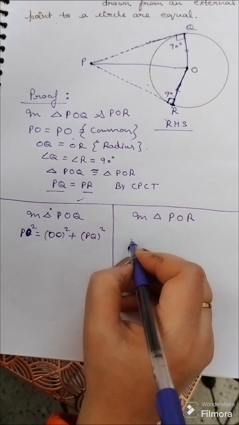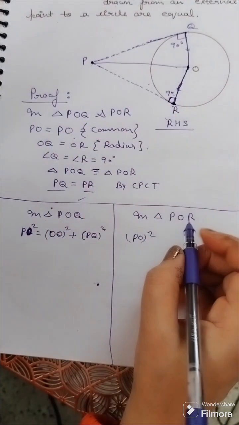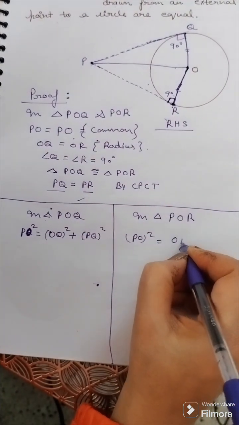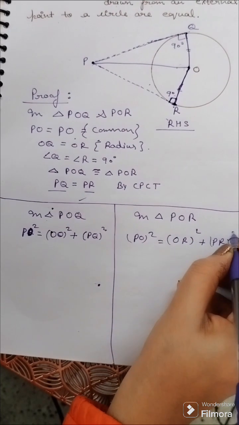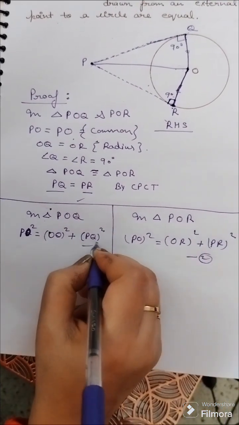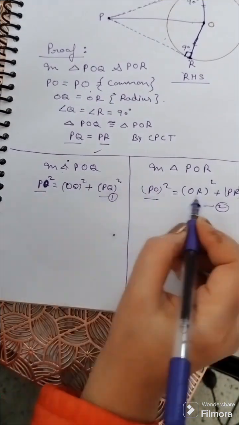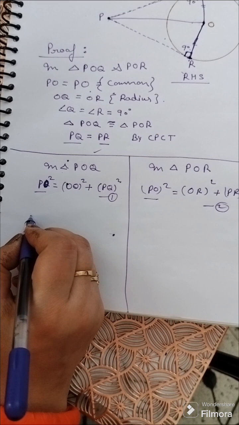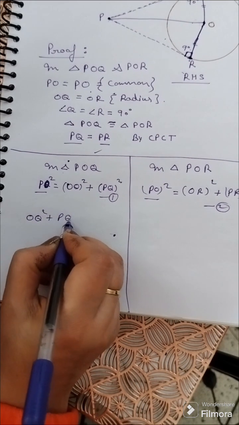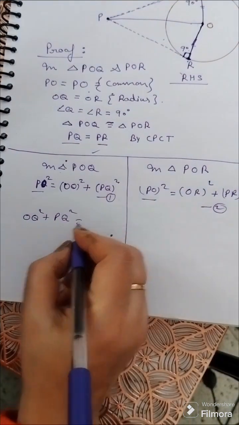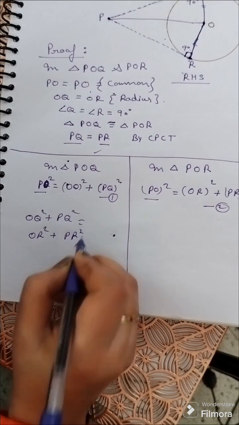And in this triangle again PO square is equal to OR square plus PR square, right? And because these two both are PO, that means this is equal to this. So we can write OQ square plus PQ square is equal to OR square plus PR square.